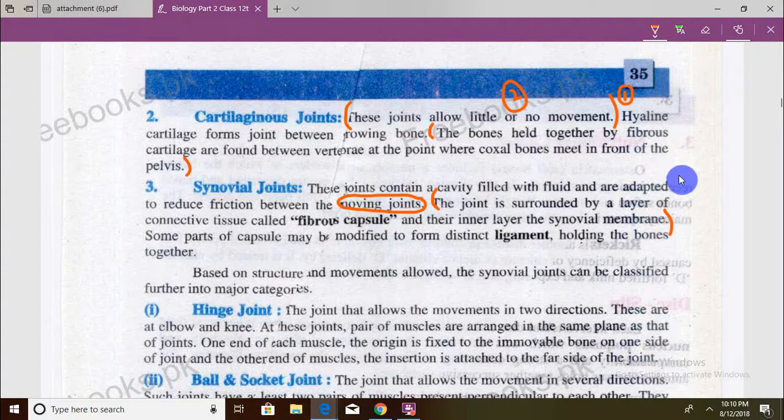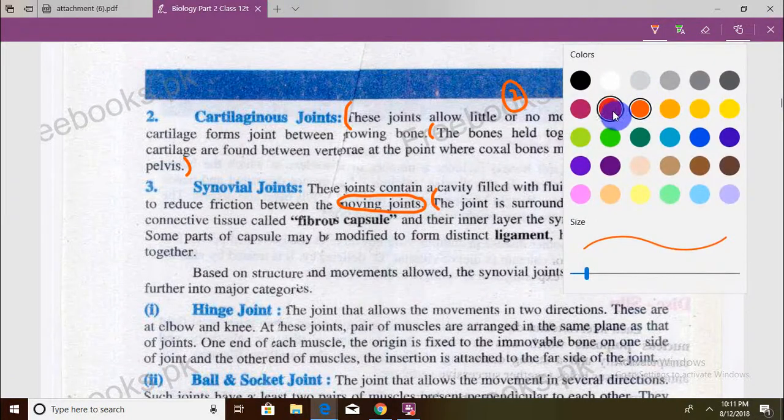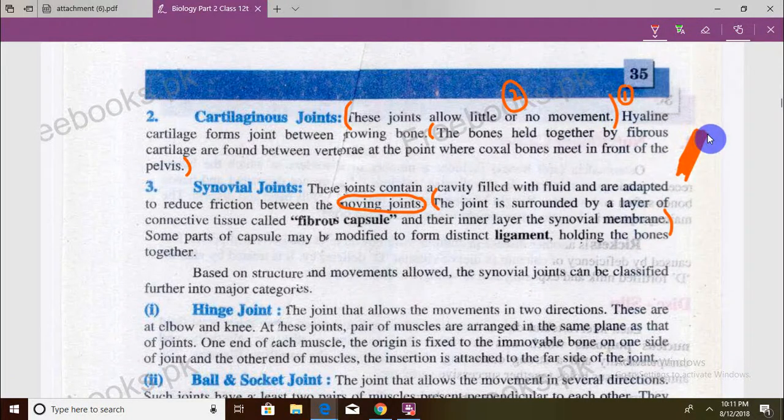So at the joint we will have this layer of connective tissue like this, called the fibrous capsule, and at the inner end we have the synovial membrane, where we have the synovial fluid, which functions to reduce friction, and some parts of the capsule may be modified to form distinct ligaments which hold the joint bones together.